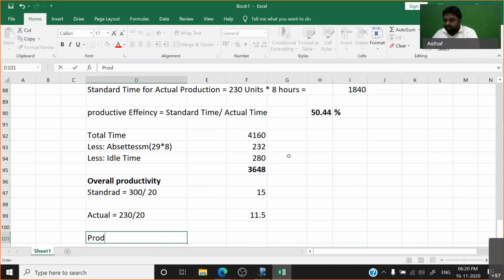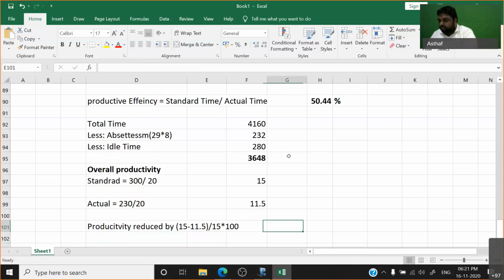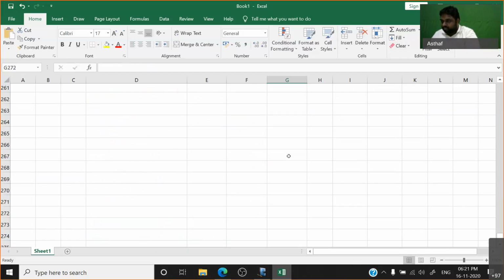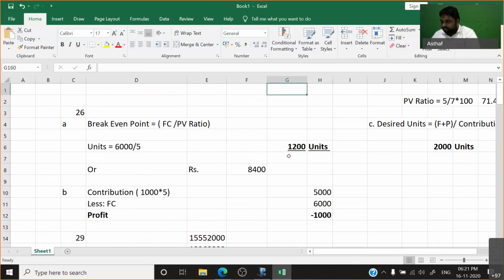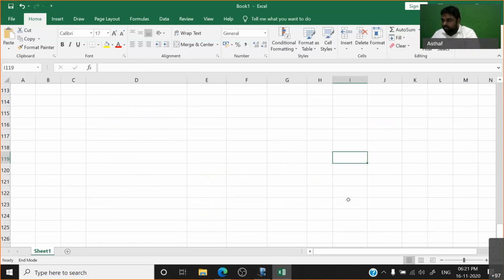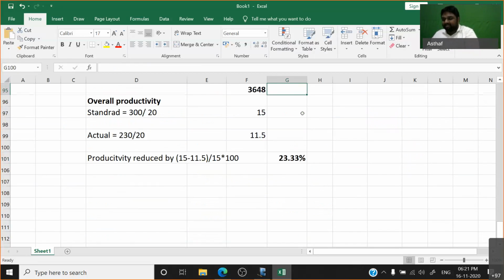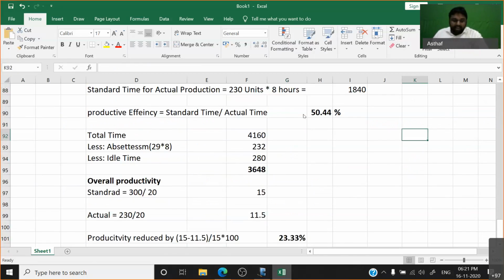So you can say productivity reduces by 15 minus 11.5 divided by 15, into 100, which is 23.33%. See, now these two questions are the same model.